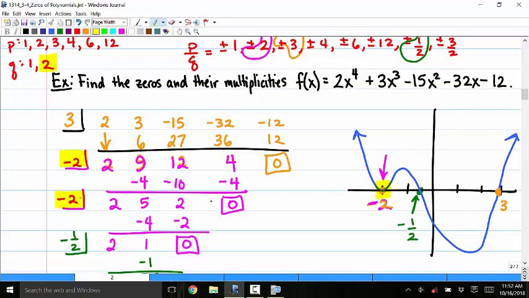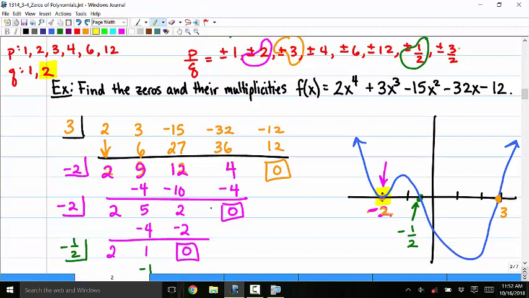So I did a list of possible rational zeros, and I found 3 x-intercepts that are all from that list. Now I'm going to go do the work by hand. Instead of having to divide all those 16 numbers out to see which ones worked, I cheated. I looked at my calculator and I found 3 of them that worked.